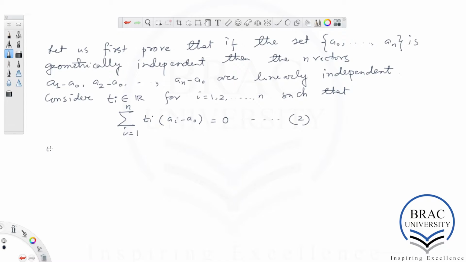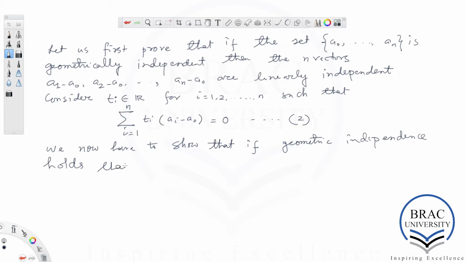We now have to show that if geometric independence holds, then each of these scalars ti's is identically 0.